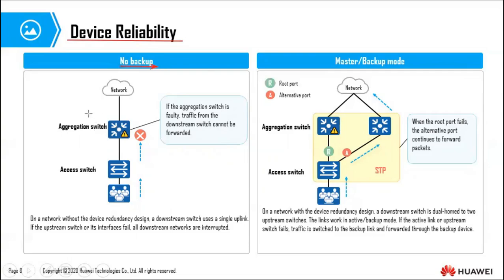So for example here, if this aggregation switch goes down, then every other person that is connected to this particular uplink is going to be disconnected at this particular point, and they cannot access the network.